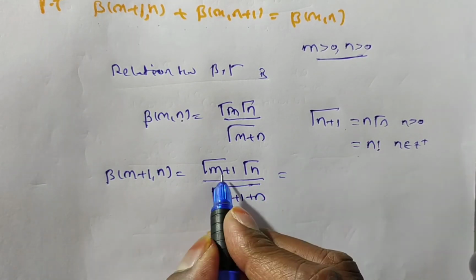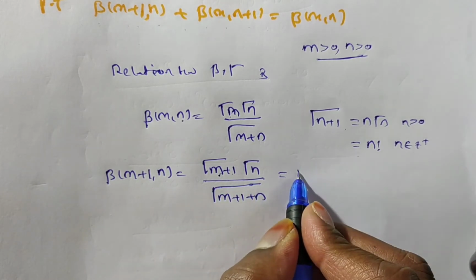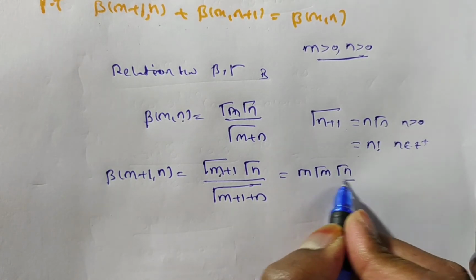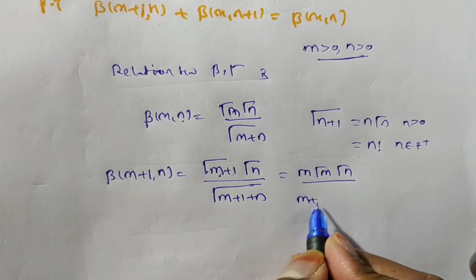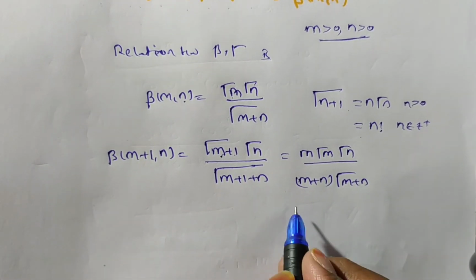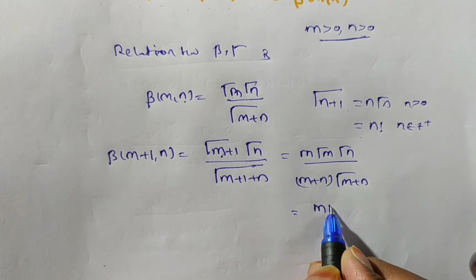In this case, you have gamma of n plus 1 type only, so use this formula. Then you can get m gamma m into gamma n by, this is m plus n plus 1, so m plus n gamma of m plus n. Finally this is m, as it is.